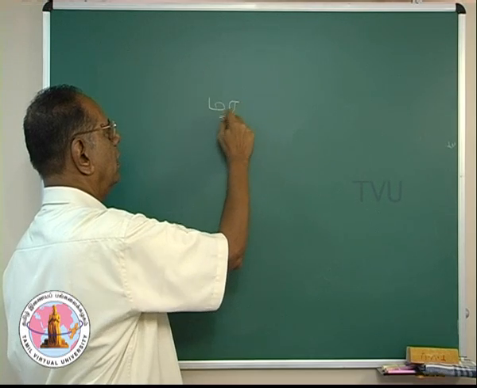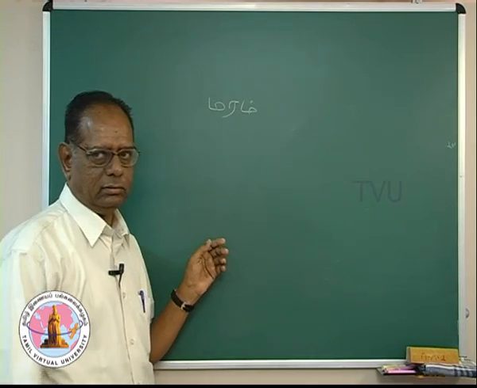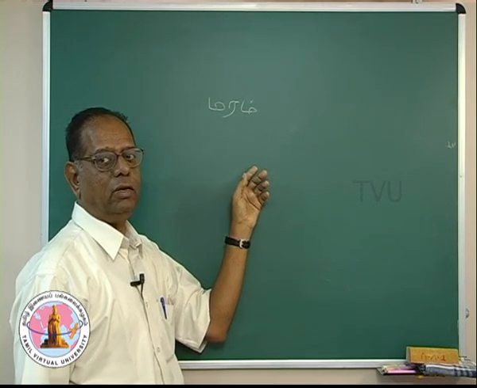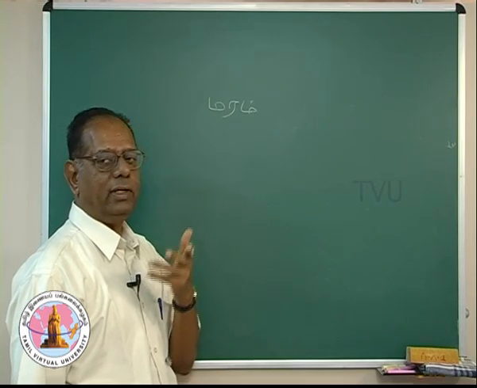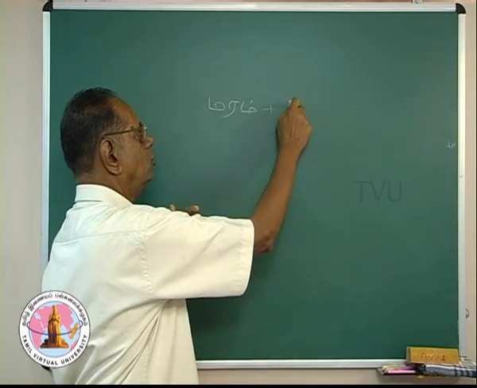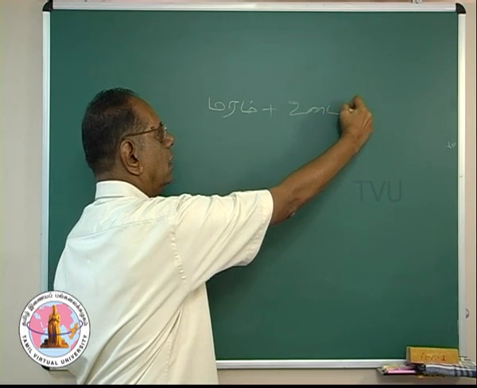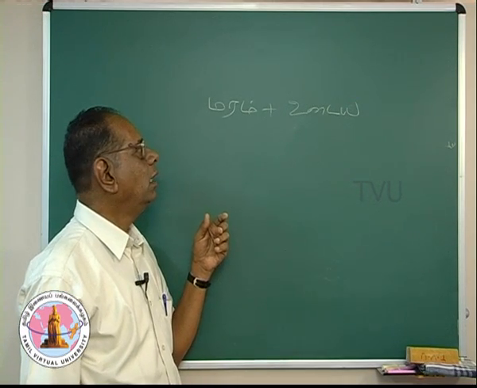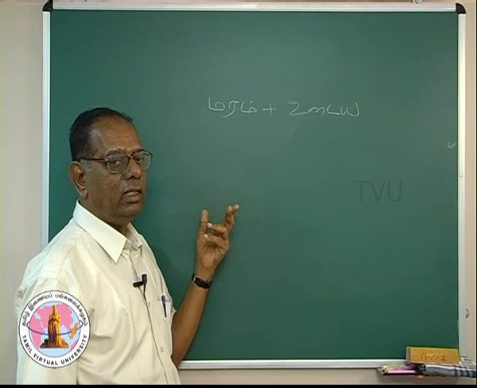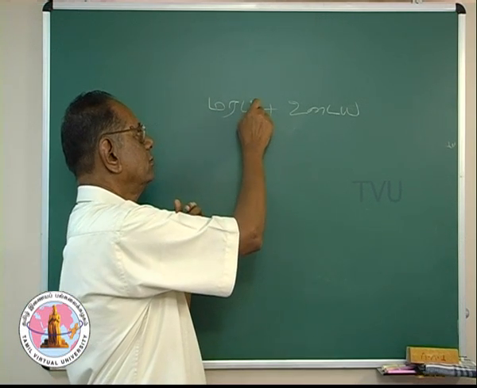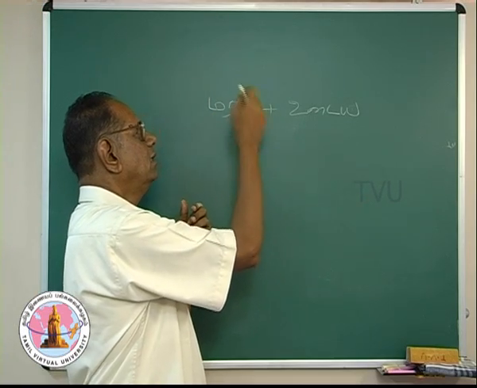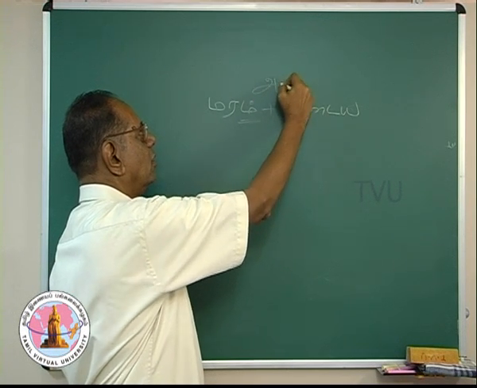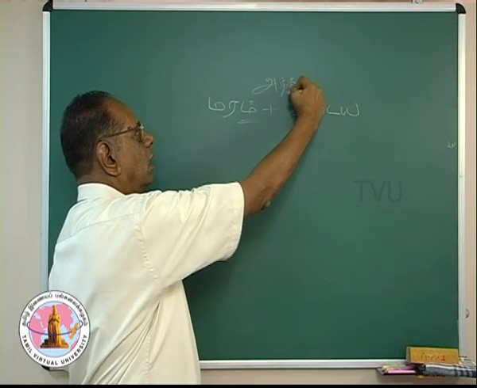Now we take up another set of words that end with maram, manam, panam, selvam, gunam, kulam, whatever it is. You add udaya. In previous cases we saw that this maram, that is, words ending with this, take up a new suffix called attu.